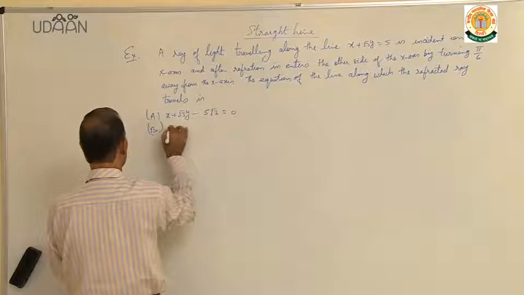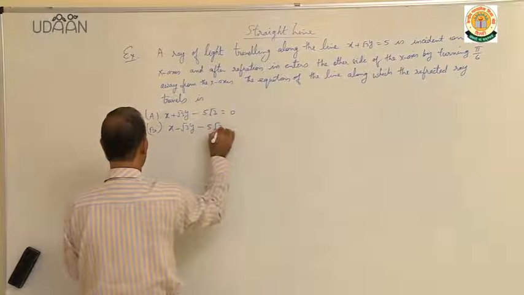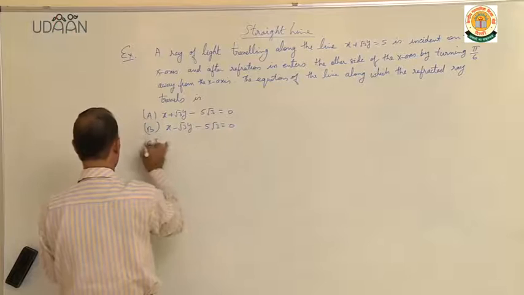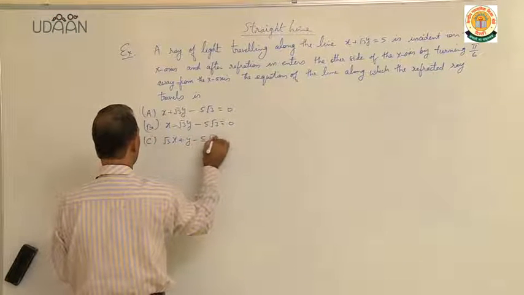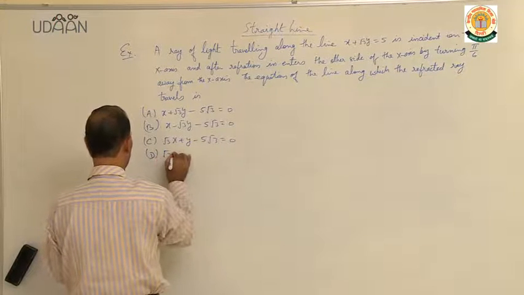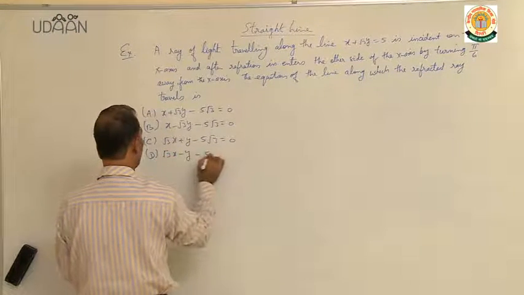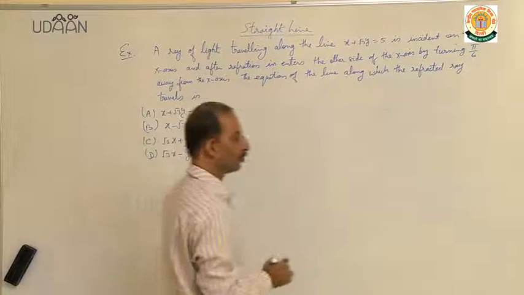Another option is x minus root 3y minus 5 root 3 equal to 0. Third option is root 3x plus y minus 5 root 3 equal to 0, and root 3x minus y minus 5 root 3 equal to 0. These options are given.